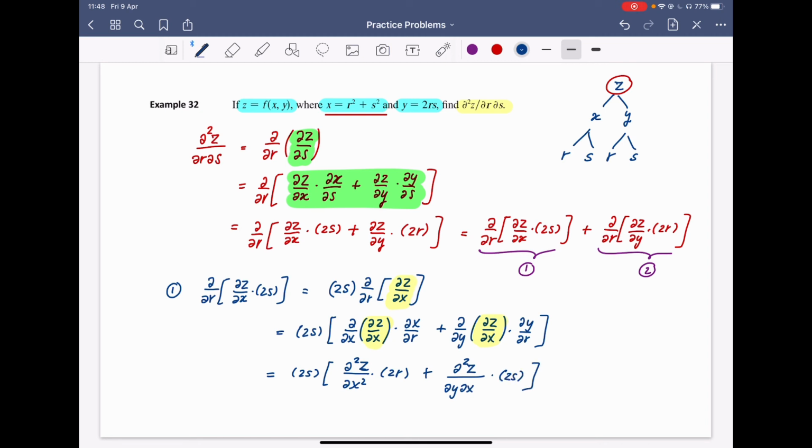All right, this is going to be the answer for the first term here. I'm gonna simplify more, so I get 4rs times that, and then plus 4s squared times that. All right, that's the first term.